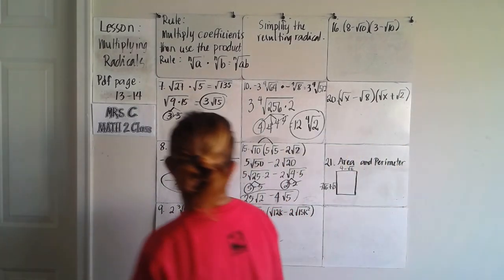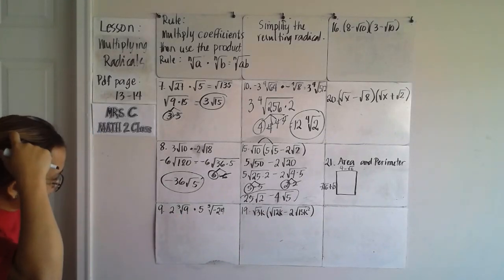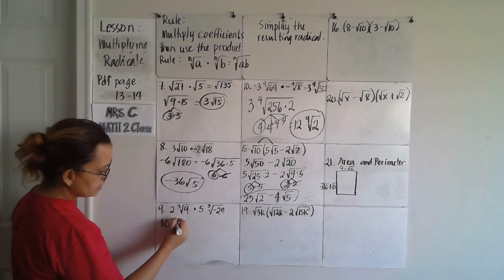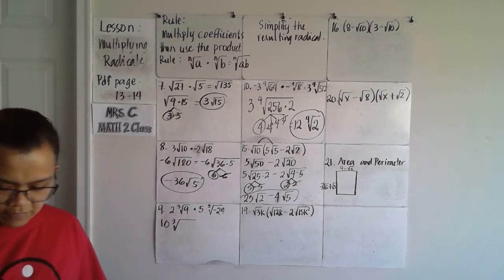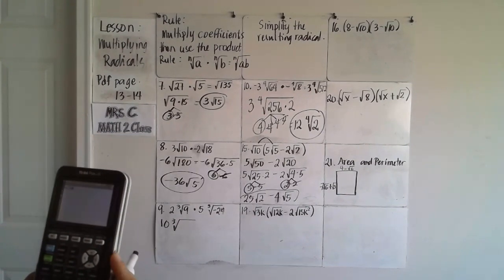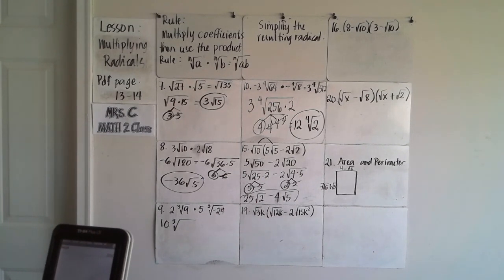Next, number 9. Number 9 will be this. So that will give us 2 times 5 will be 10. And then cube root of whatever 9 times 24 is. So 9 times 24 is 216. I think 216 is a perfect cube. I'm not sure, but let's see.